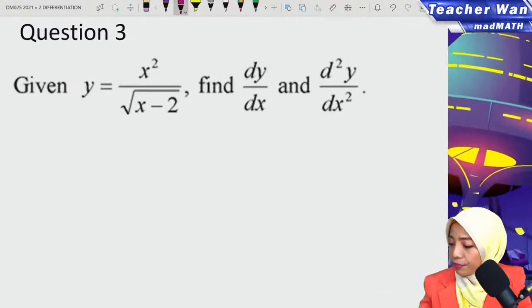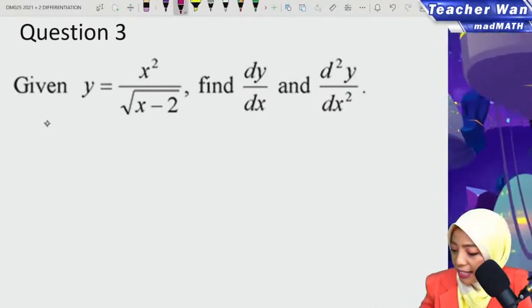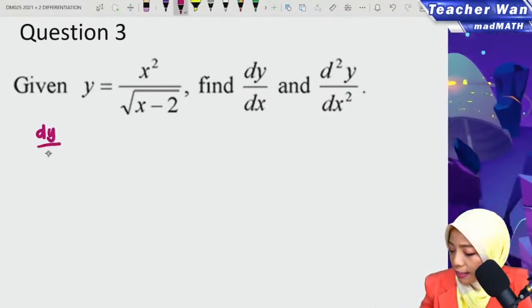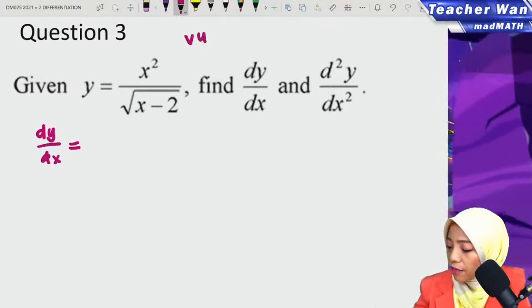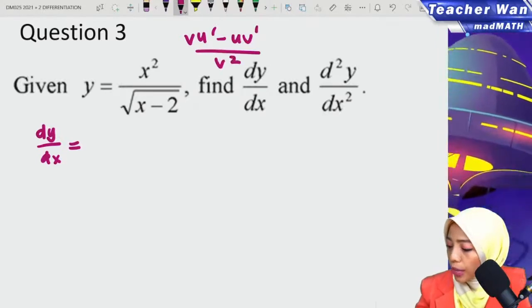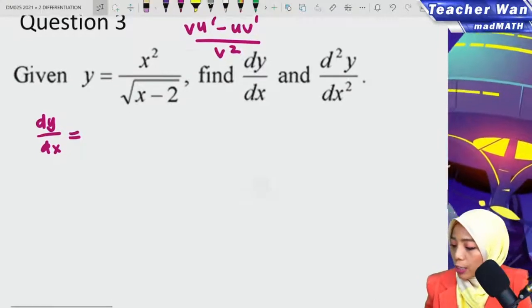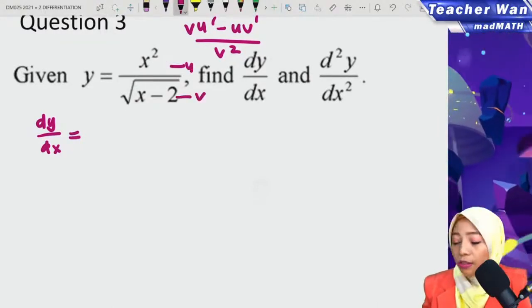Now we have dy over dx again. This is our u, this is our v, so vu prime minus uv prime over v square.